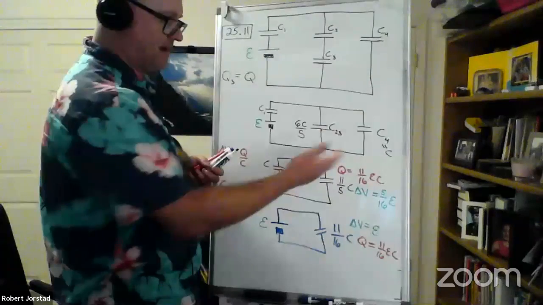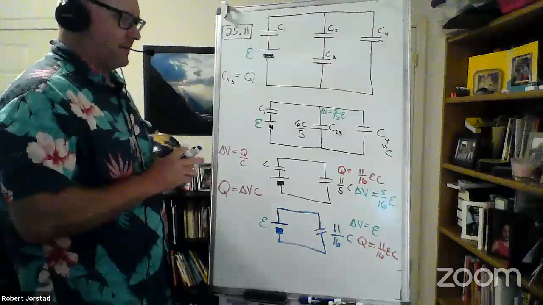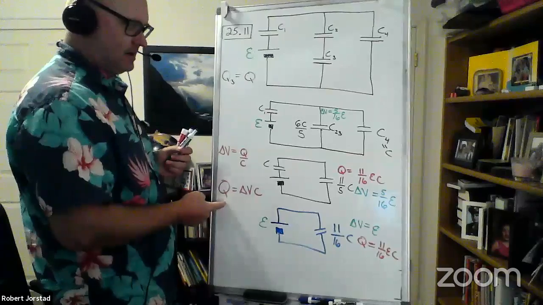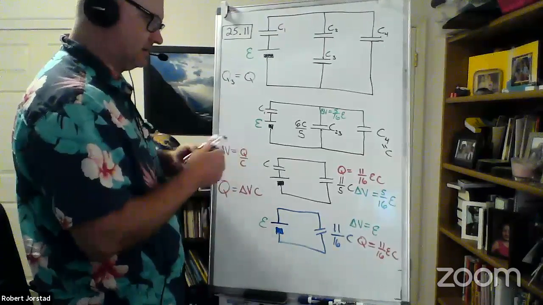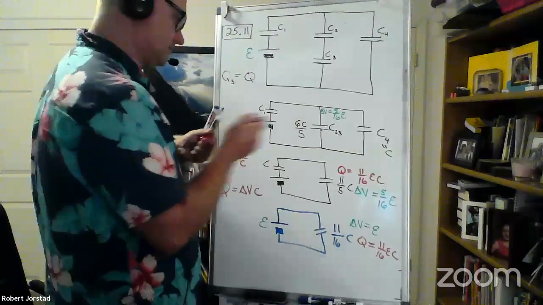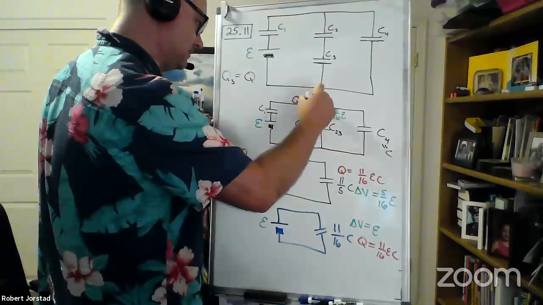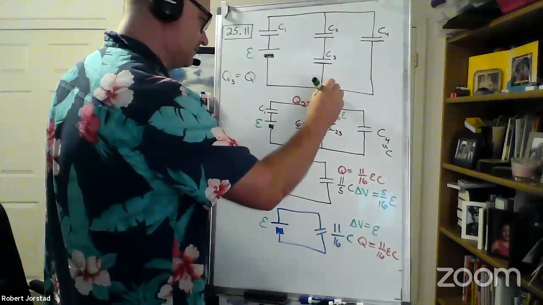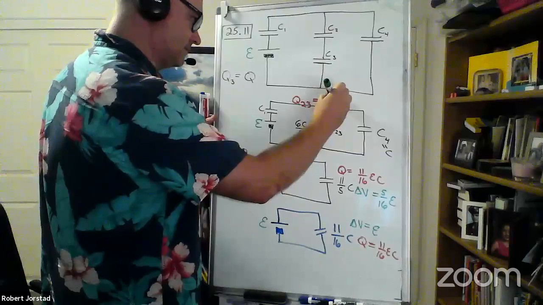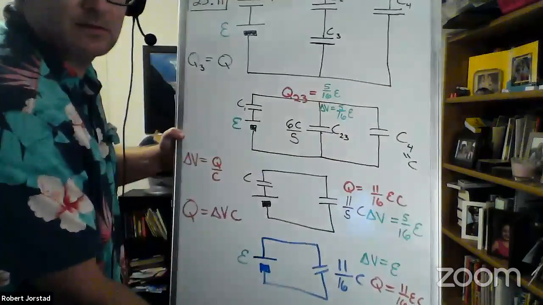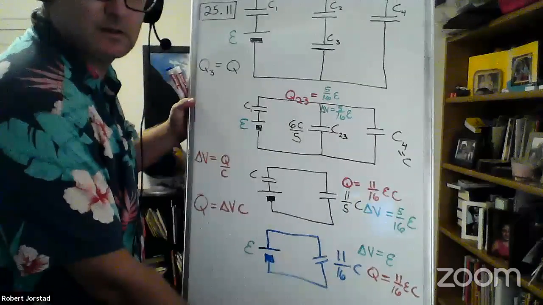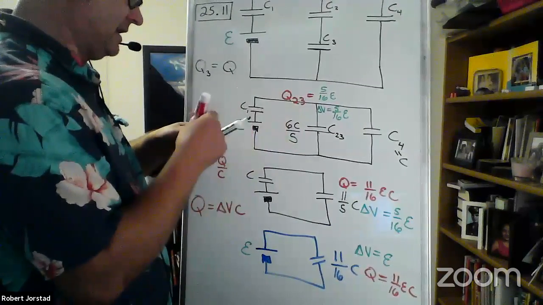And then since I don't care about 4, I'm going to say this one has 5/16 E. And from that, couldn't I get the charge using this equation? I bet I could. 5/16 E.